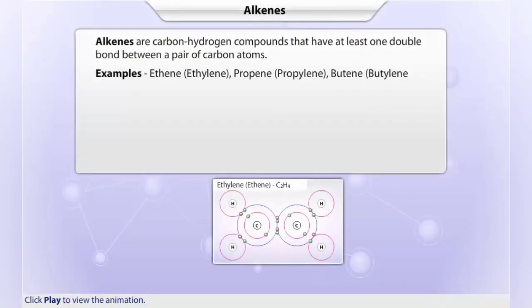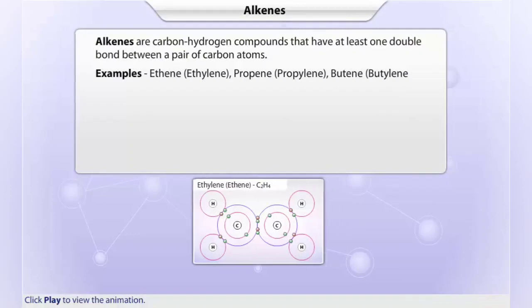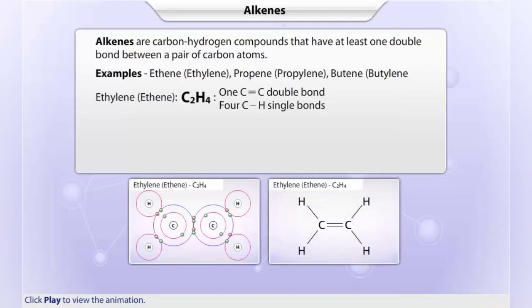All hydrocarbons having at least one double bond between a pair of carbon atoms belong to a family of compounds known as alkenes. In the ethene molecule, the two carbon atoms share two pairs of electrons to form a double covalent bond. The hydrogen atoms are each linked to the carbon atom by a single bond.